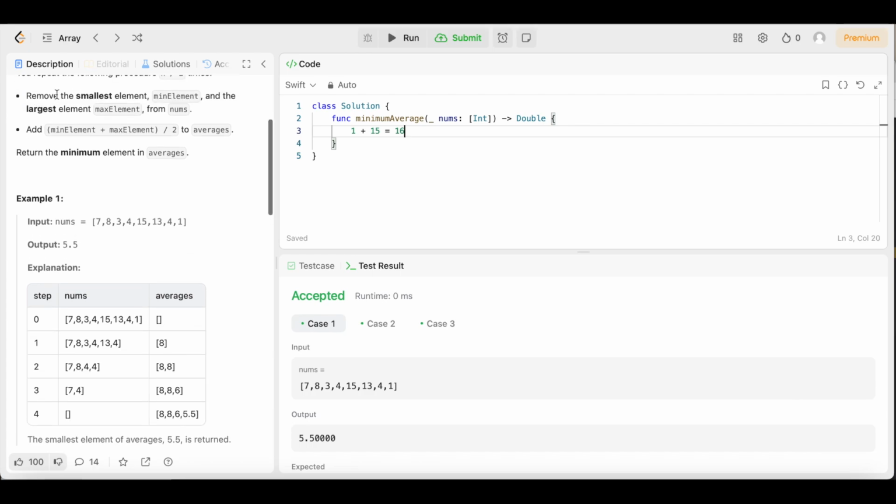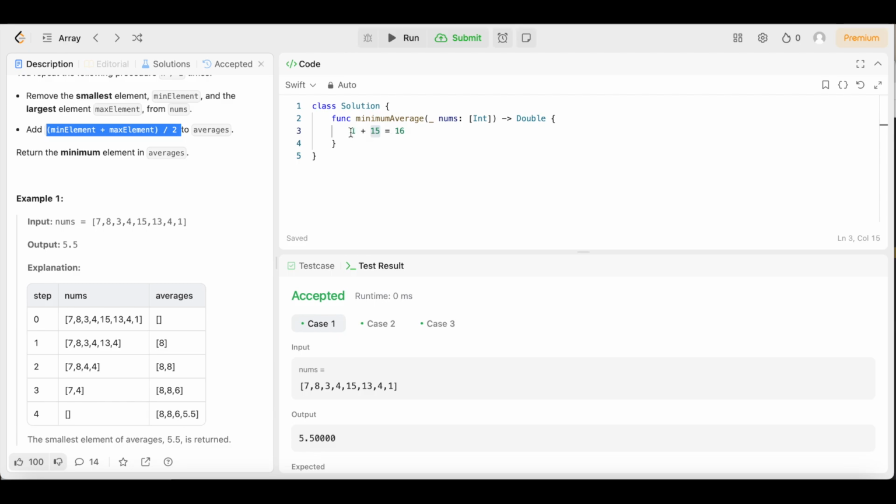So right here it says remove the smallest element, min element, and the largest element, max element, from nums. So initially with our input, the smallest element is 1, the largest element is 15. So we remove those, we add the minimum element plus the max element and divide it by 2, and then add that to averages.